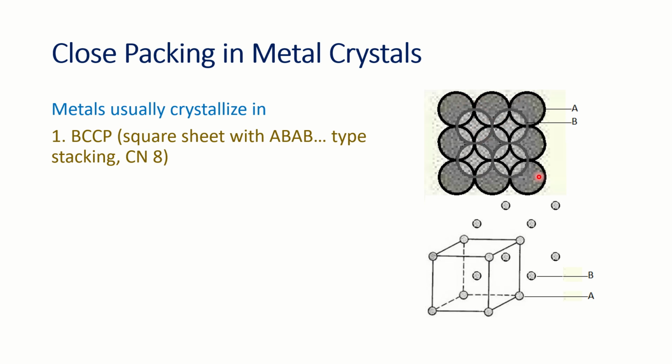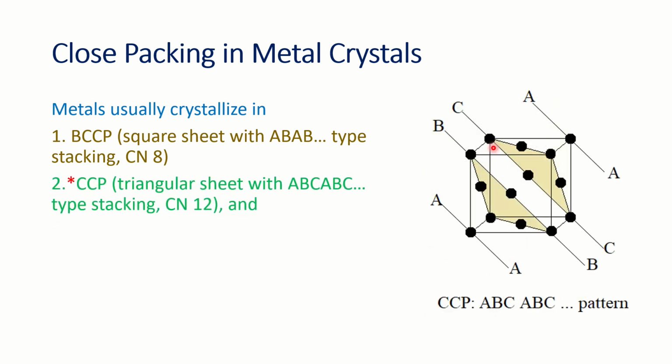If this is a square two-dimensional sheet, then the next two-dimensional square sheet is placed in the holes over the vacant sites, forming octahedral holes this way. Yes, here octahedral holes are being formed, and that is why this one has 4 atoms in the bottom layer and 4 atoms in the above layer, making the coordination number 8.